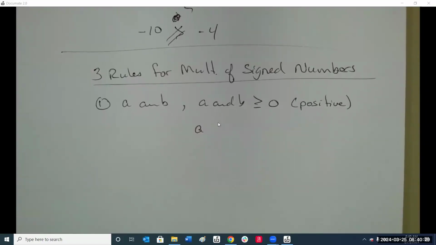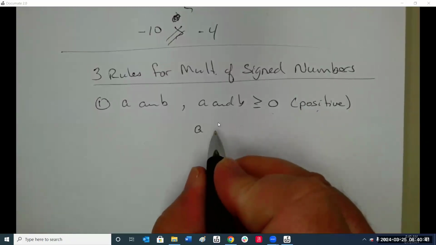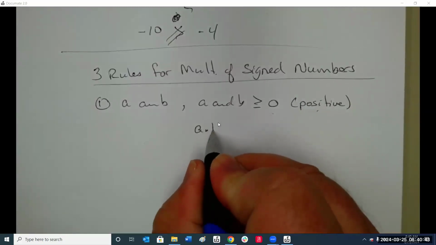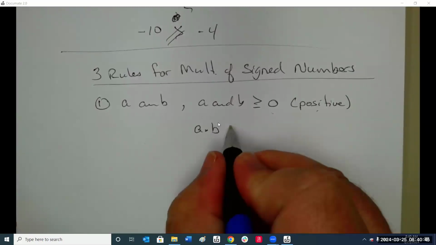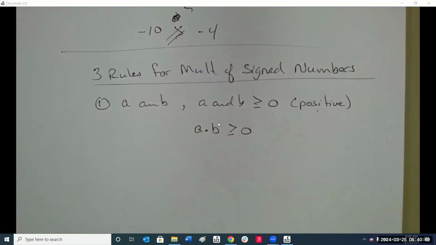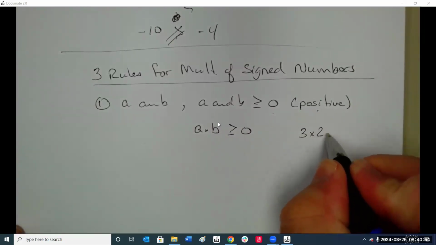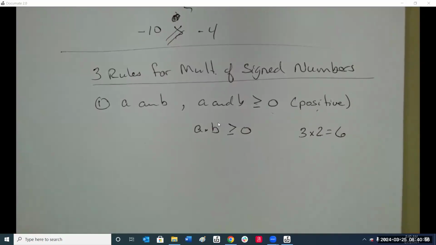It's greater than 0. It's less than 0. Because again, all these are based on words. You have to understand what greater than and less than mean. Because when you're instructing things, saying A and B are greater than 0 means they're positive. And if I multiply them together, that product will be greater than or equal to 0. 3 times 2, positive 6.